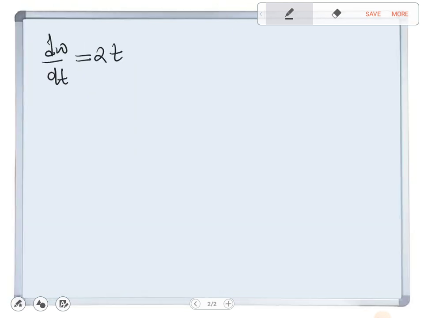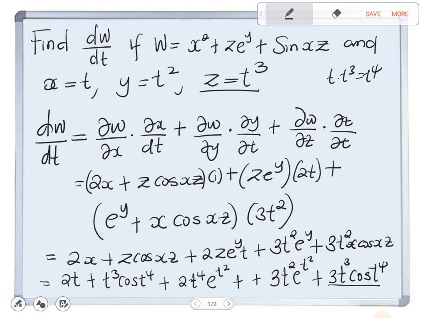So those can be added to give us 4t cubed cos t to the power 4. This and this can be added. Then here, this we cannot add directly because here is t squared and here is t to the power 4. But there's something that we can do to them.